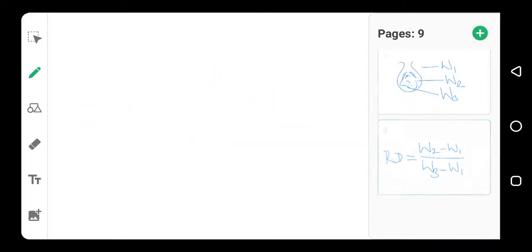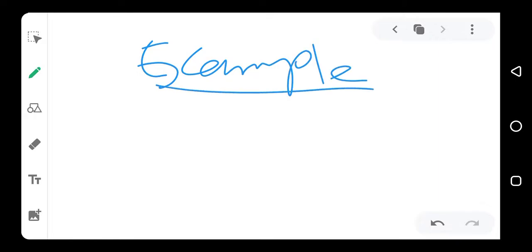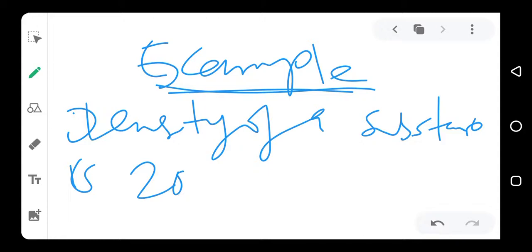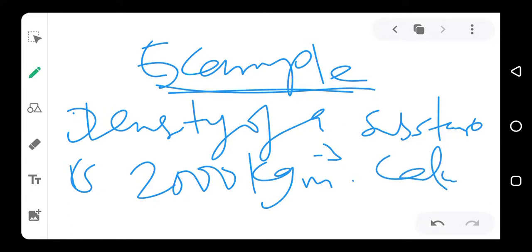For example, if we are told that the density of a substance is 2000 kilogram per meter cube, and we are asked to calculate its relative density.